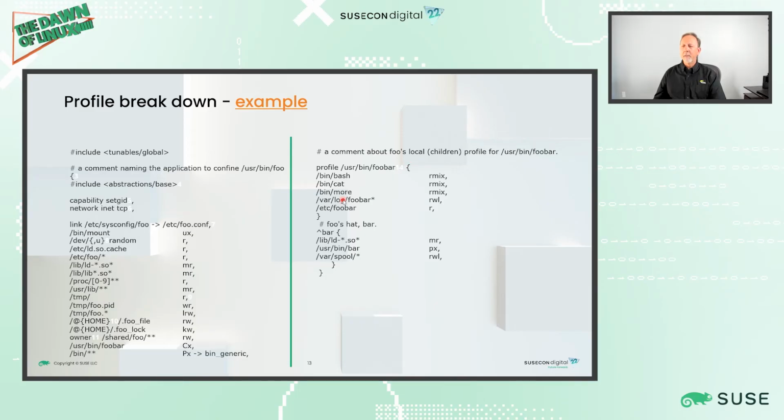It doesn't require a lot of skill in terms of programming language kind of thing. It's a very simple, easy to read definition of how this particular application looks, feels, and operates.